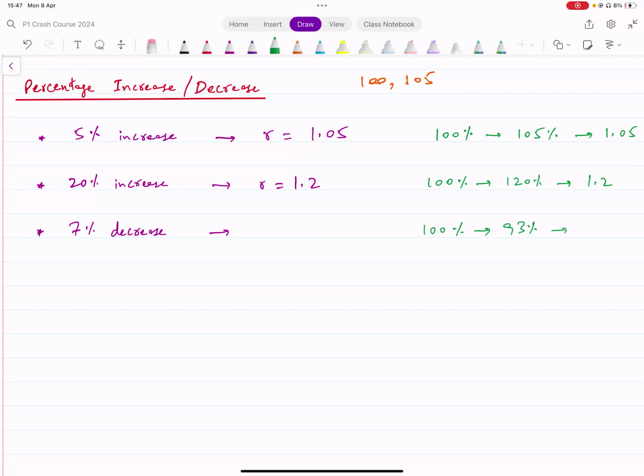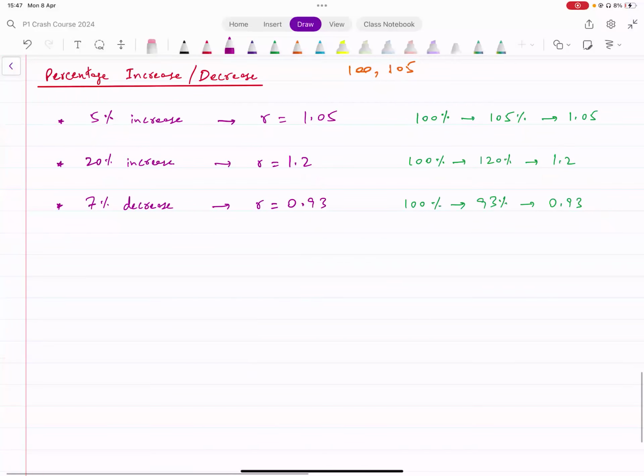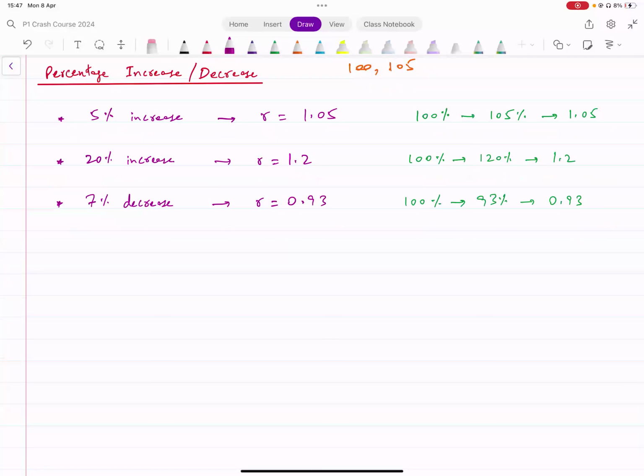Can you write 93% in decimals? That will be 0.93. So the ratio in this case turns out to be 0.93. So it's a GP with ratio 0.93. So percentage increase or percentage decrease, you need to remember it's always a geometric progression. And this is how we find out the ratio for that.